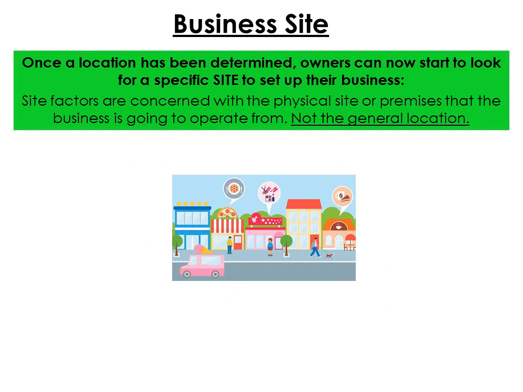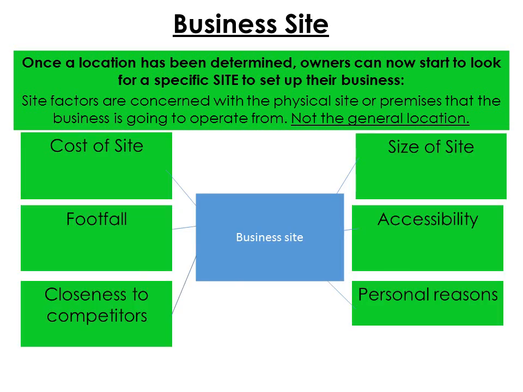So how do businesses go about choosing their business site? Once they've chosen a location, they want to look at exactly where they're going to put it, and what do people take into consideration when choosing. It could be things like the cost of the site, footfall, which is how many people are passing this particular site.